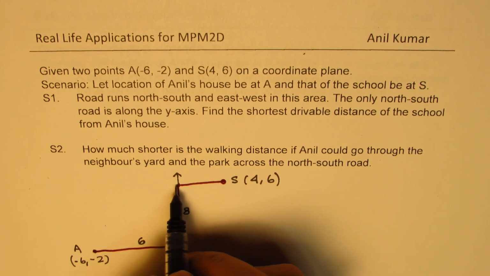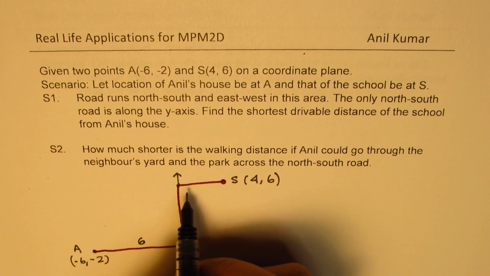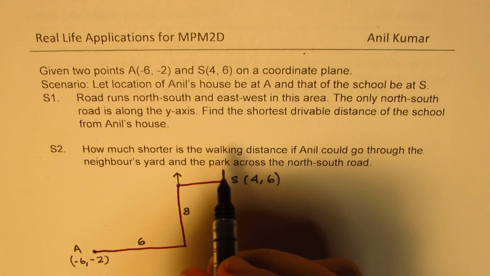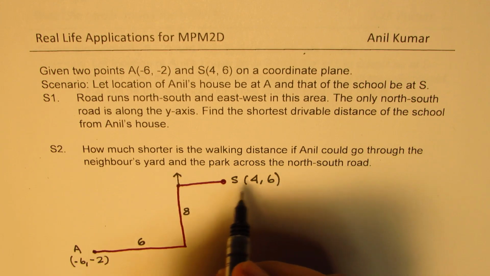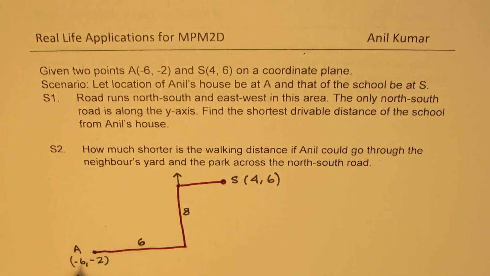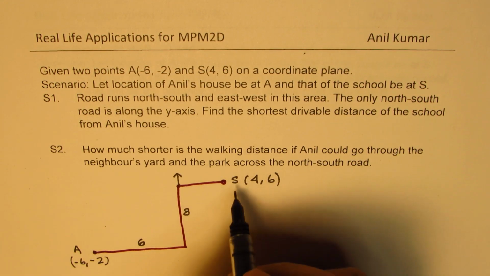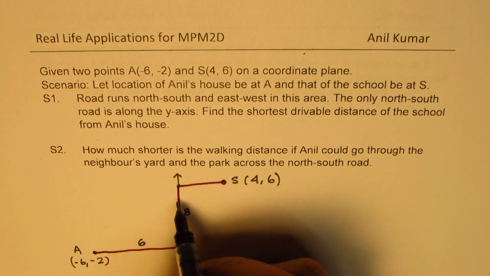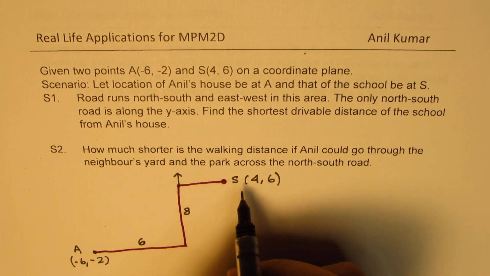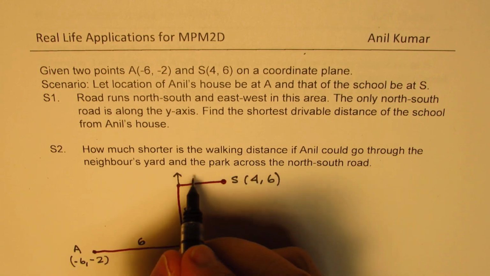And then going from here, 4 to 0 is 4 units. Sorry, we did something wrong here. So this is 6 units, and then vertically, the difference of 6 and -2 is 8, correct. And now here, when we go 4 to 0, this is 4 units, correct?